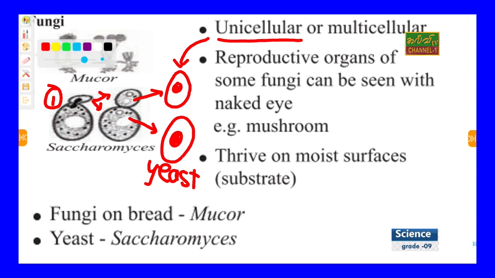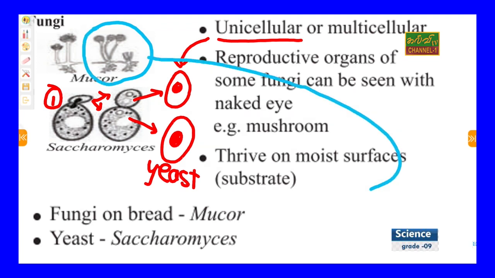You can find out. I will draw here this Mucor, right? Mucor. How? This is like a filament. You know, every filament has cells. It has small cells, and it grows like this.